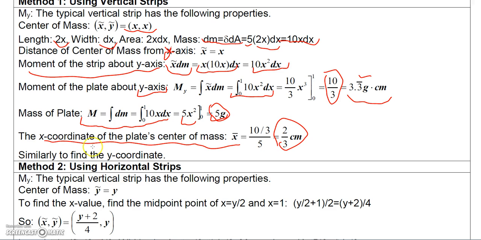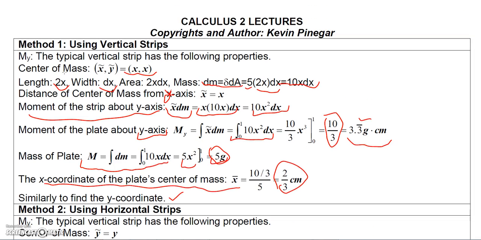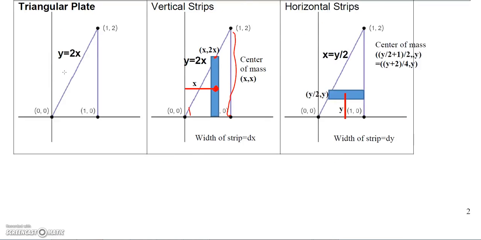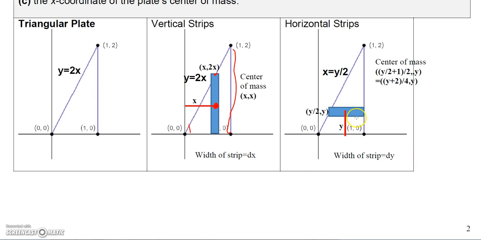And similarly, you would find the y-coordinate the same way using a similar calculation. Now, if you used horizontal strips here, then first of all, you would integrate from y equals 0 up to y equals 2, and then the distance the strip would be from the x-axis would be y.